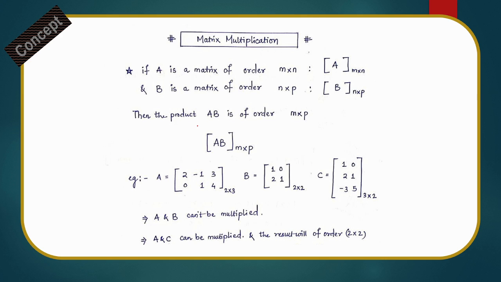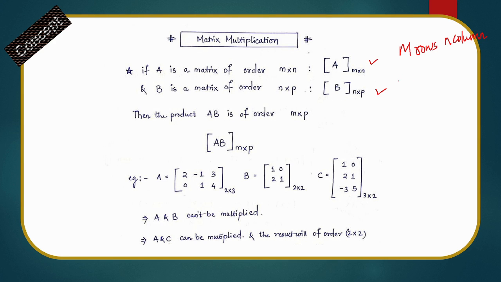Before solving this question, let's see what matrix multiplication is. Suppose A is a matrix of order m cross n, and B is a matrix of order n cross p. Here A is a matrix of order m cross n, meaning m rows and n columns.